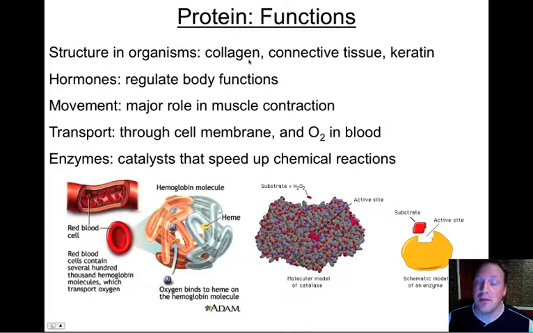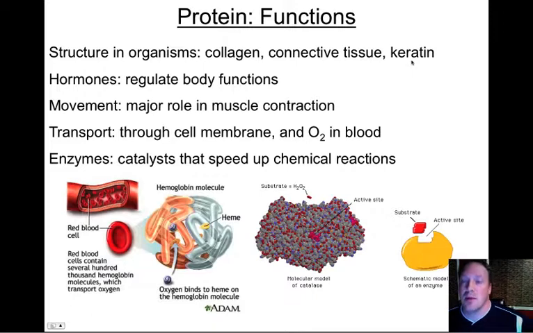Collagen and elastin are very important proteins for how cells group with one another and form the shape of your body structure. Connective tissue. When anybody talks about connective tissue, we're talking about how bones connect to bones through what we call ligaments, and how muscles connect to bones in what we call tendons.